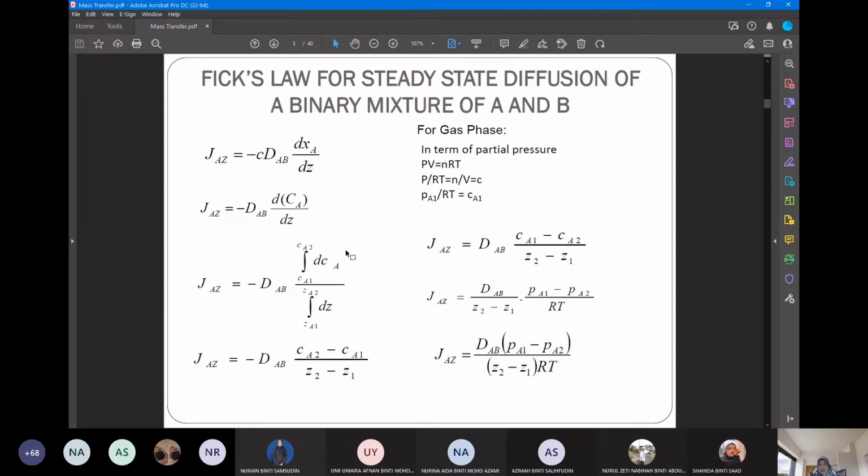It is derived from the original Fick's law. And I did mention that when you derive the equation, you start from the mole fraction terms, then you get it in terms of concentration, and then you get it in terms of partial pressure.